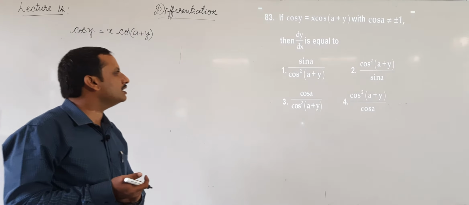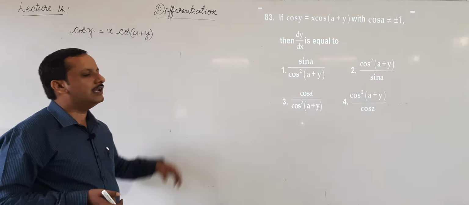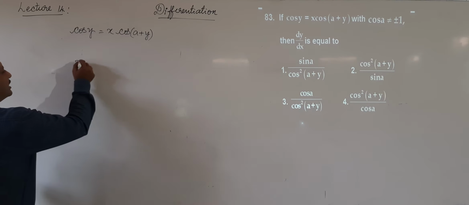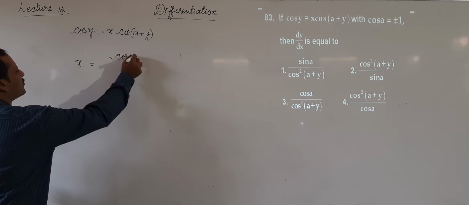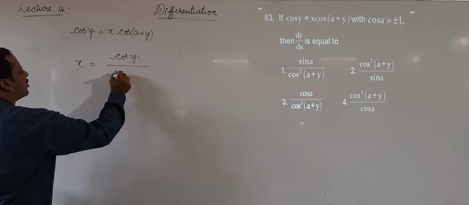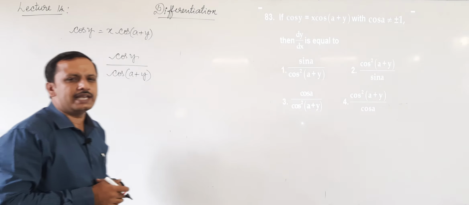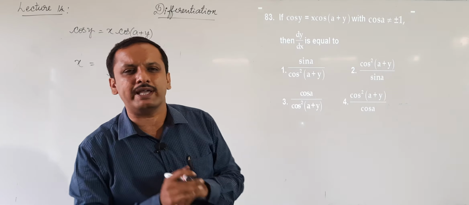So instead of differentiating as it is, we will express x as a function of y. From this equation I can write x is equal to cos y divided by cos(a plus y). Now I will differentiate this with respect to y, not with respect to x.